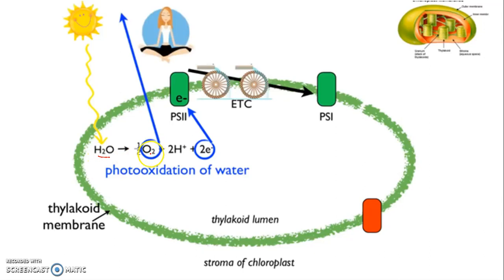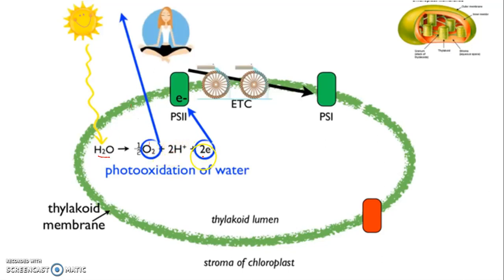The water splits into oxygen, electrons and protons, and this process is called photooxidation of water. The oxygen produced in the photooxidation of water is responsible for the atmospheric oxygen. So that's where the atmospheric oxygen comes from, from the photooxidation of water.